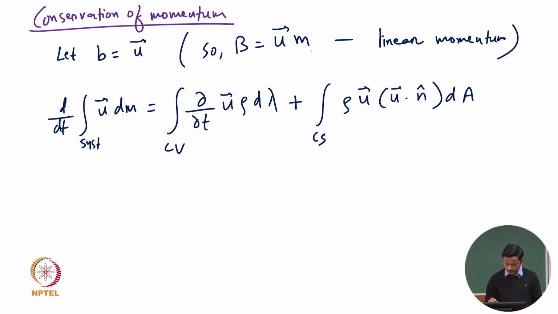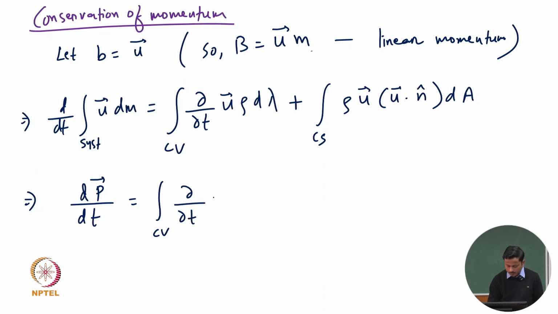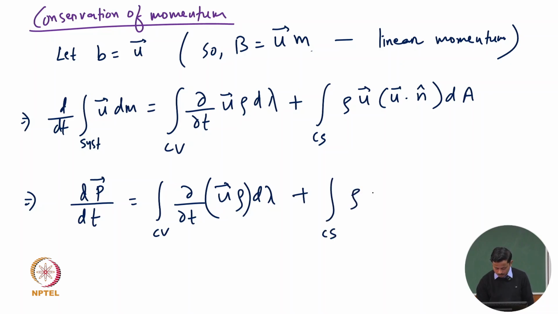From this we write, replacing small b in the Reynolds transport theorem, we now have the left hand side written as the rate of change of the linear momentum.